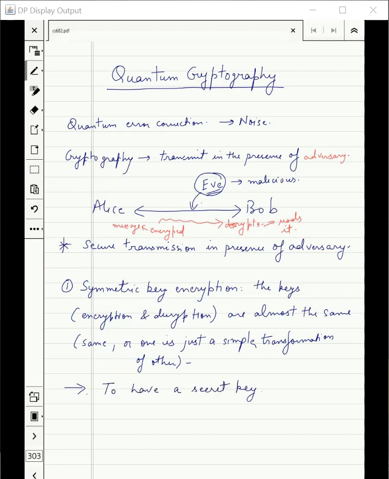Do you know of an encryption protocol which uses symmetric key encryption? AES. Right? Yeah. So AES is an implementation, right?